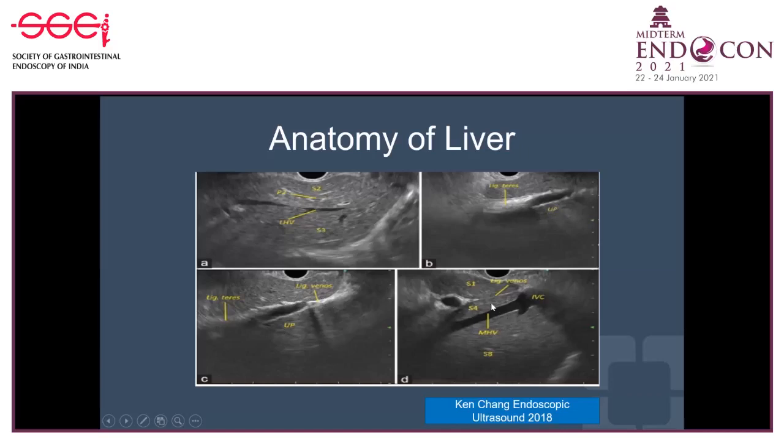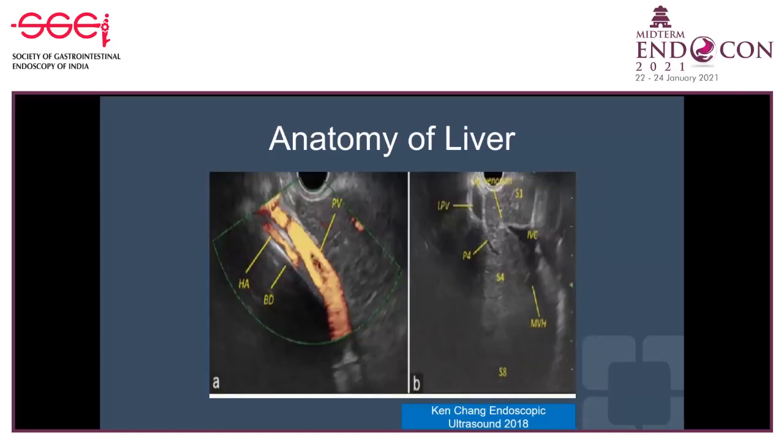And as you pull the endoscope back out a little bit and turn more clockwise, you can see the middle hepatic vein draining into the inferior vena cava. And then segment 1, the caudate lobe, and segment 8 are also visible, with ligamentum venosum dividing segments 1 and 4. Now this is the view that is obtained after you have identified the ligamentum venosum.